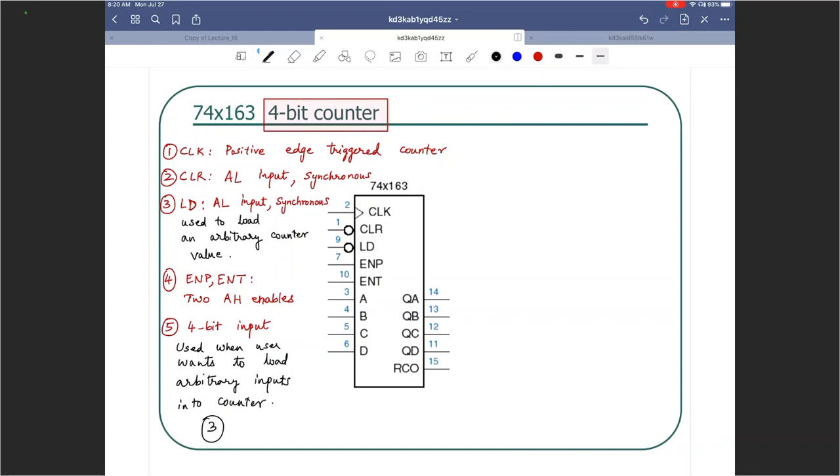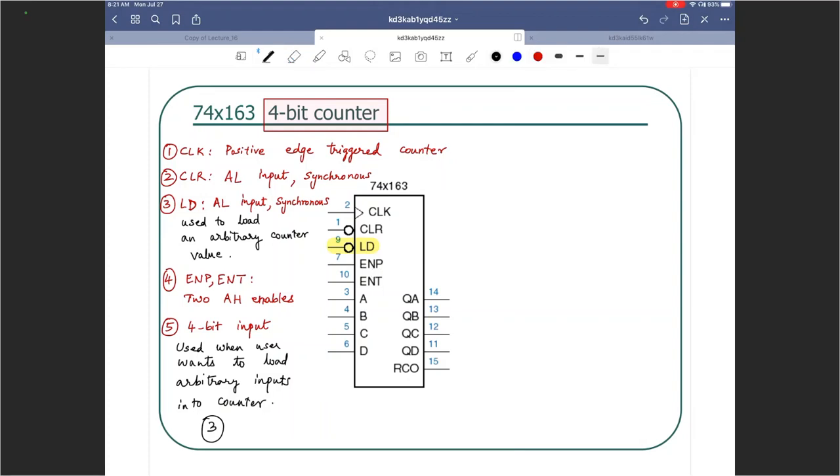I would have to make sure that the load input is active, so I would connect that to ground because I'm trying to load 3 into the counter. I would have to make sure that enable signals are active. In fact, the load happens along with a particular input. So enables are active.